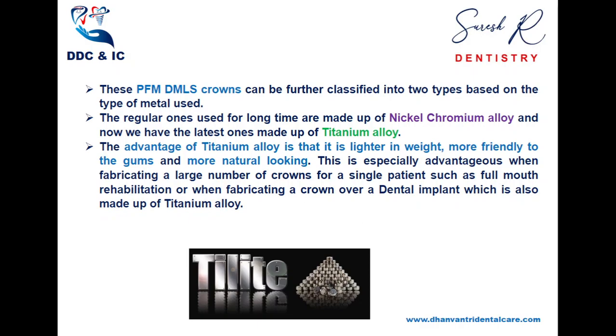So this is especially advantageous when fabricating a large number of crowns for a single patient, such as in full mouth rehabilitation, or when fabricating a crown over a dental implant, which is also made up of titanium alloy. So in the case of dental implants, the crown is also made up of titanium, which is the same material as the dental implant. So we have a highly compatible material.